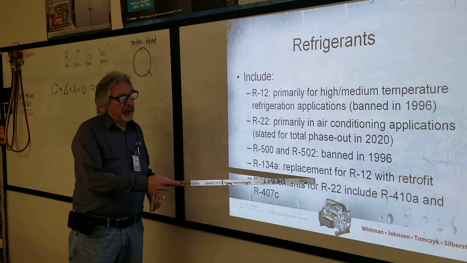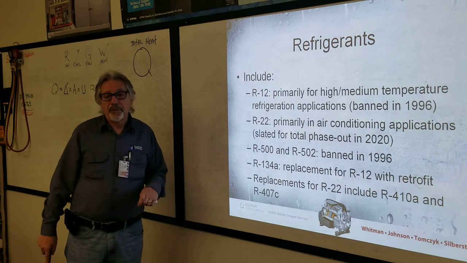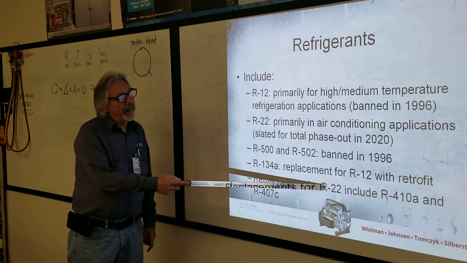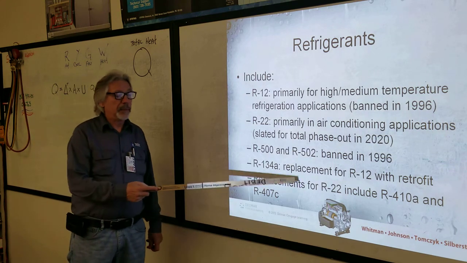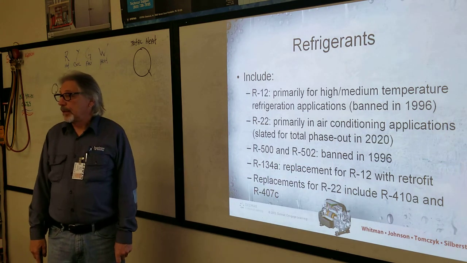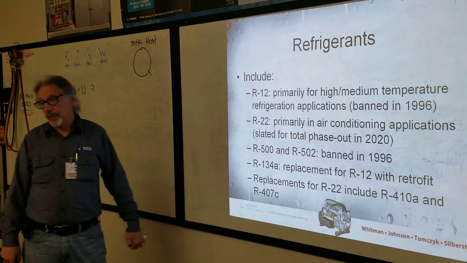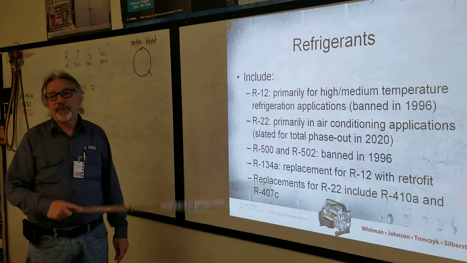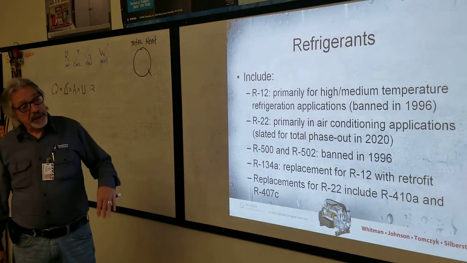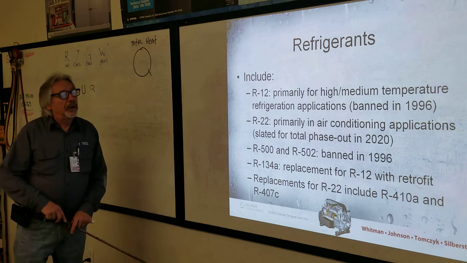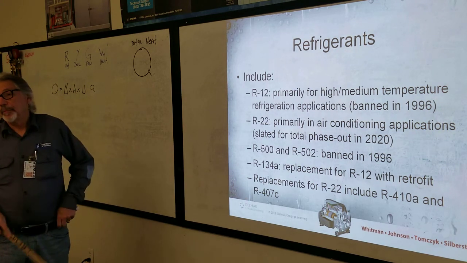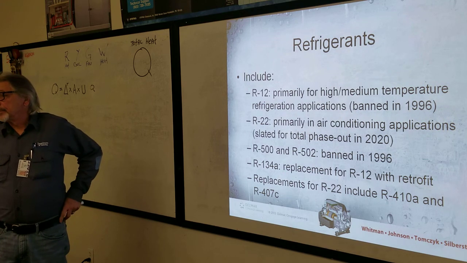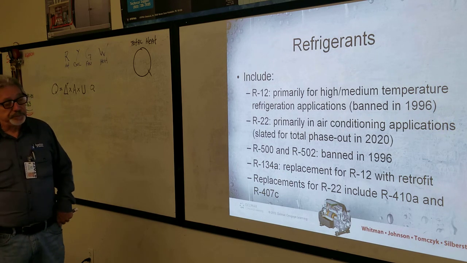Before 22 got banned, they would stop making that and make a new refrigerant that had maybe 10% R22 in it, classified as another refrigerant. So they would keep putting this stuff on the market as new blends, and that would keep them from being phased out.